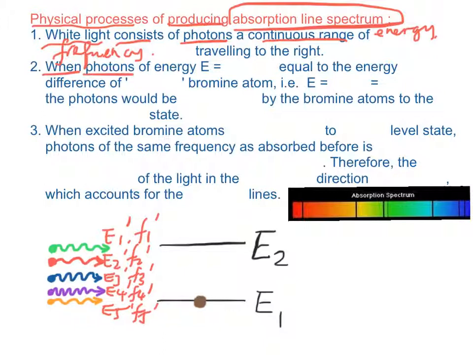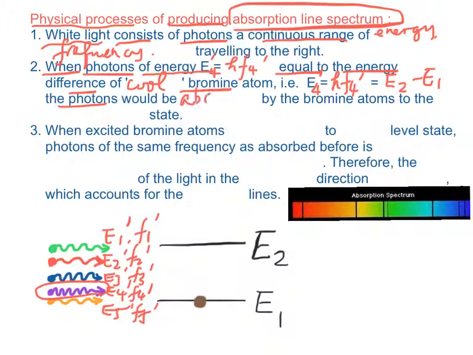When the photons of a certain energy, for example E4 equal to hf4, is equal to the energy difference of the cool bromine atoms, that is E4 equal to hf4 equal to E2 minus E1, these photons would be absorbed by the bromine atoms, and the bromine atoms go to the excited state.